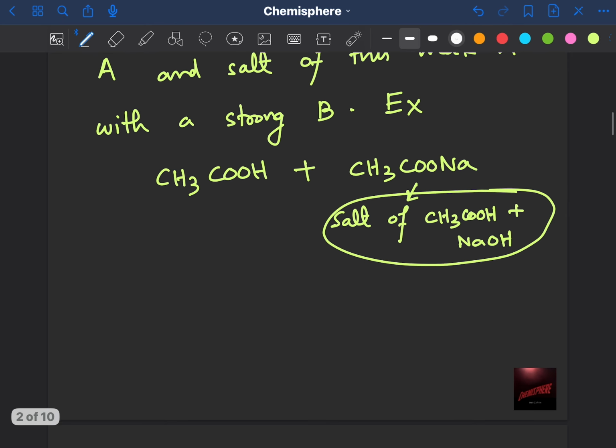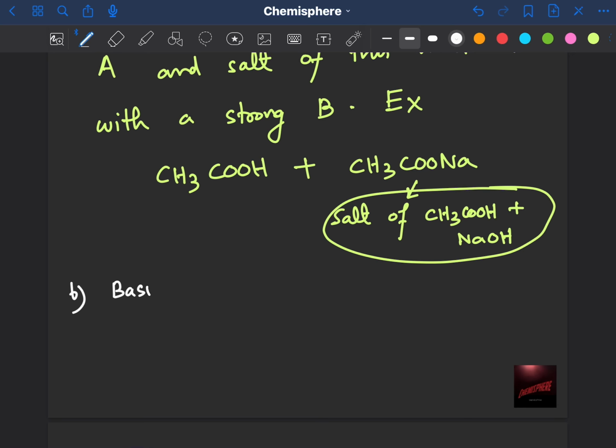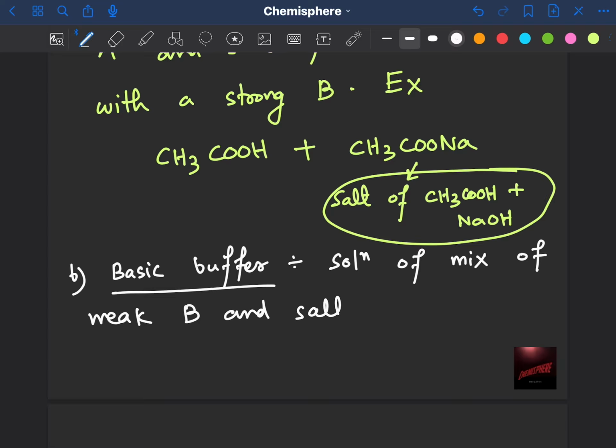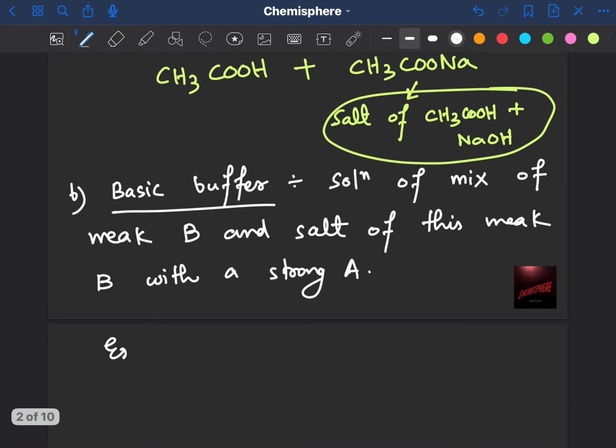Similarly, we have something called a basic buffer also. A basic buffer is a solution of a mixture of a weak base and a salt of this weak base with a strong acid. For example, NH4OH plus NH4Cl.